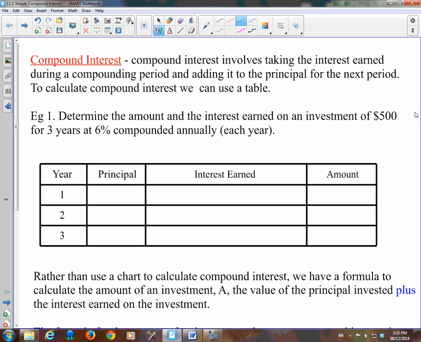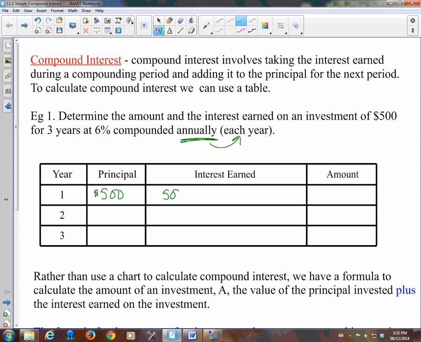So if I have an investment of $500 for 3 years, 6% compounded annually. Annually is a word you're going to see a lot of. It just means each year. So the first year, I start out with $500, and I'm going to earn interest on that $500 at 6%.